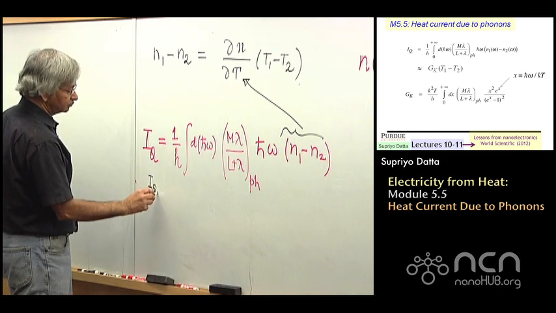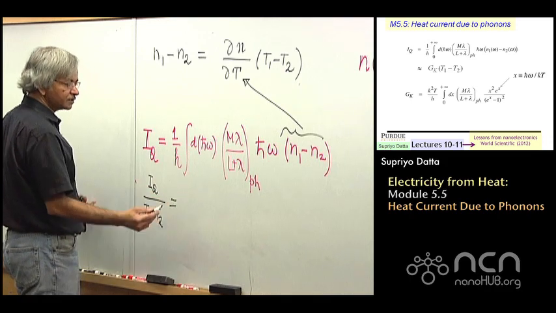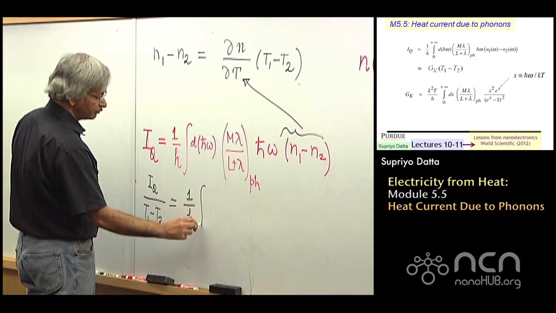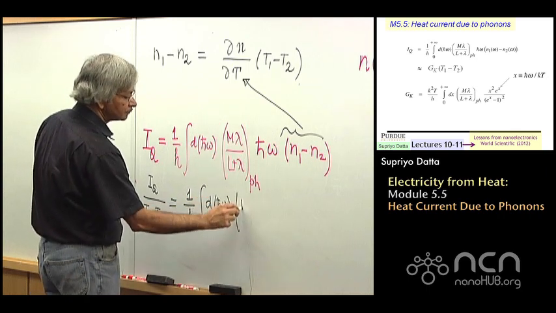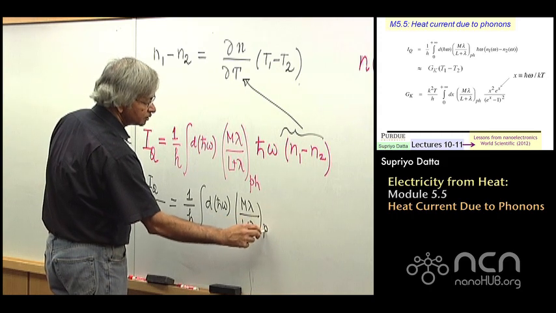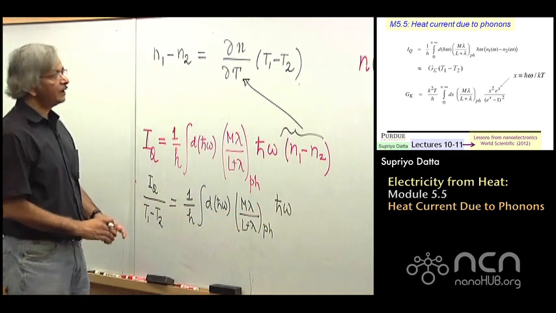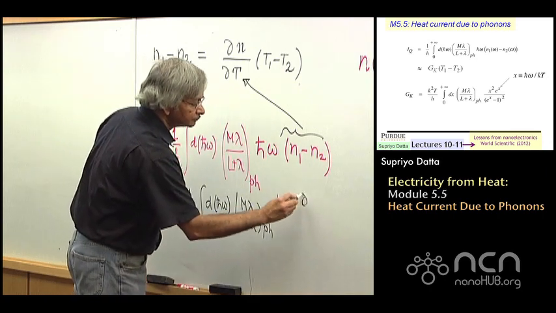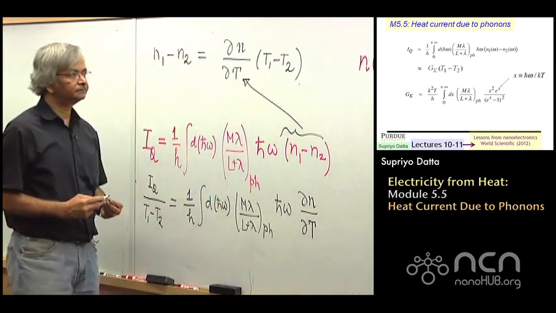I_Q divided by T1 minus T2. So that's like the heat conductance is equal to 1 over h, just whatever we have, integral d(h bar omega) M lambda over L plus lambda for phonons, h bar omega, and then we have del N del T. Okay.